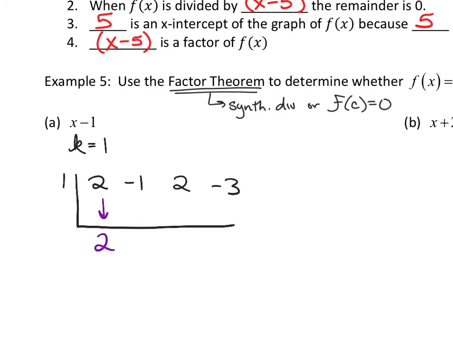Bring down, multiply, add, multiply, add, multiply, add. Remember, that last column tells me my remainder, so the fact that this is a 0 makes me happy because that means it is a factor of the polynomial.